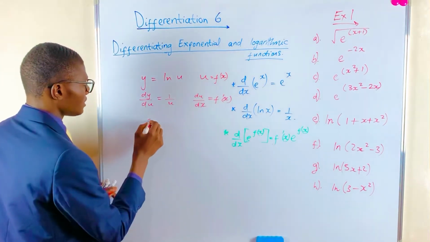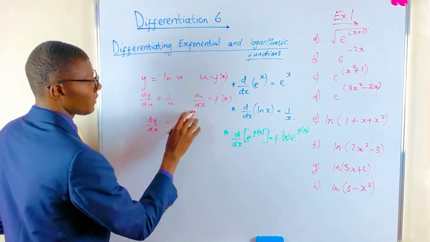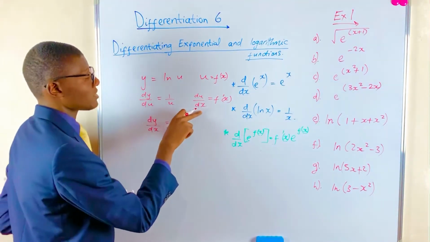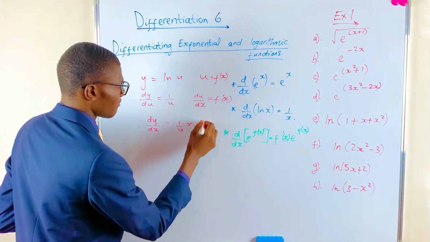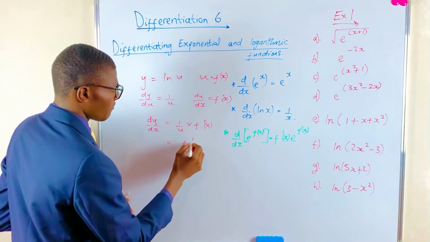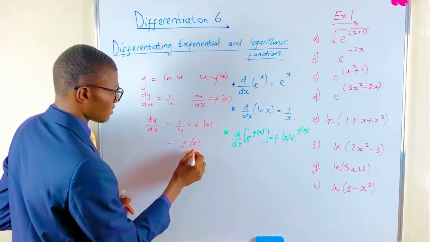So now our dy by dx would be equal to dy by du times du by dx, which is 1 over u times f prime x. But we know that it's f prime x over u being f of x.